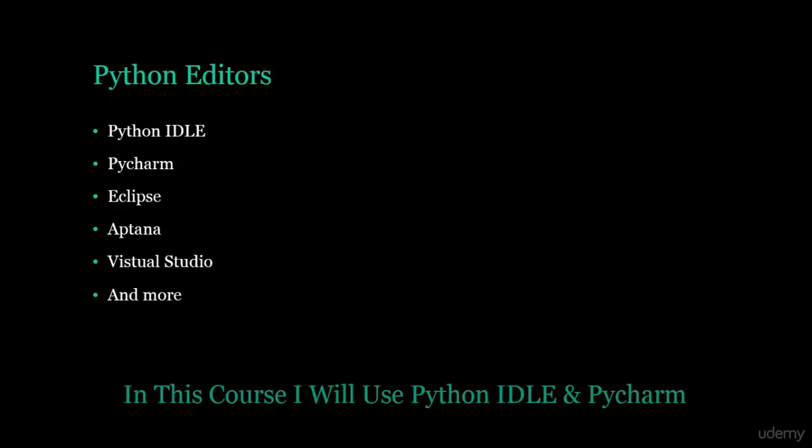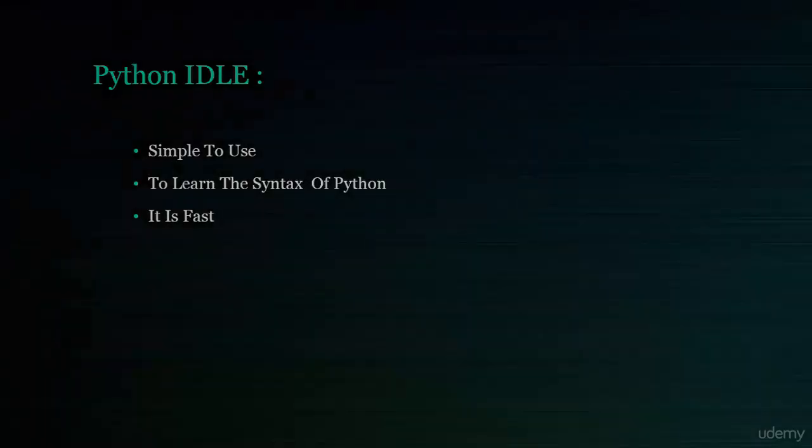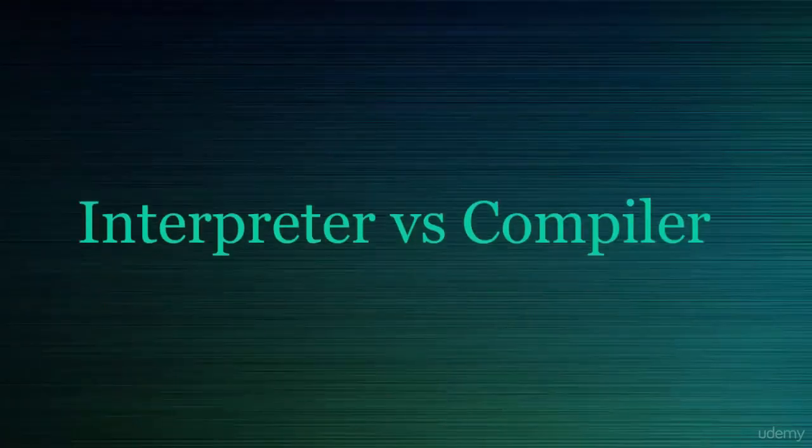Then in the rest of our course, I'll use PyCharm so you can use an advanced environment for developing Python code. Why do I use Python IDLE in the first section? First, it is easy to use, then it helps to learn the syntax of Python programming language, and it is fast. In the next video, we will talk about interpreter versus compiler in detail.